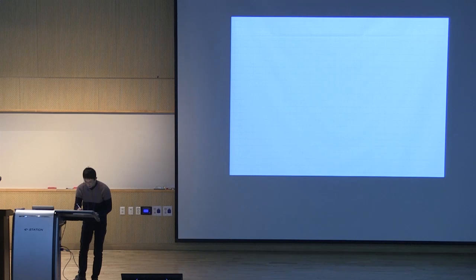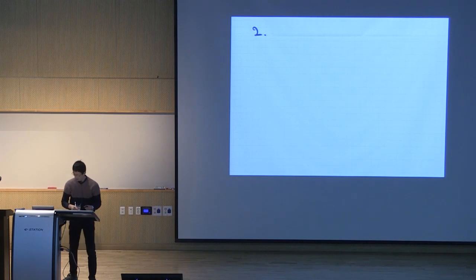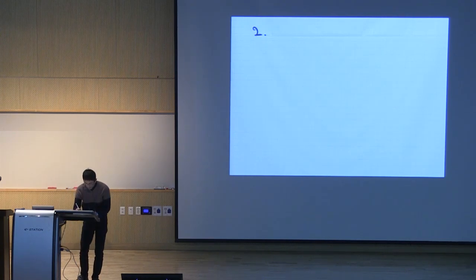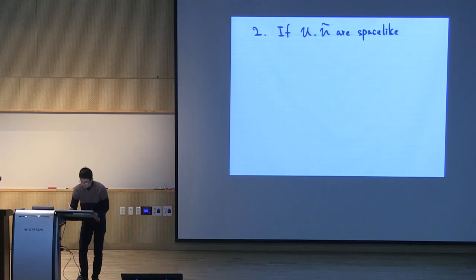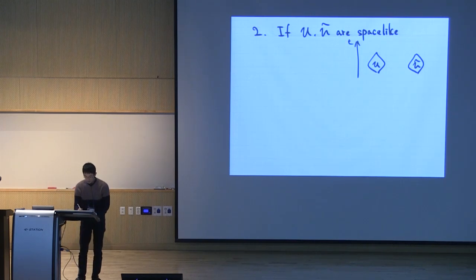Of course, I cannot give you the full details of algebraic QFT, and by definition, I'm not qualified to give you all the details. But the recap is that if U and U tilde are space-like separated, namely this is U and this is U tilde, and they are space-like separated like this, then the operator algebras are supposed to commute.